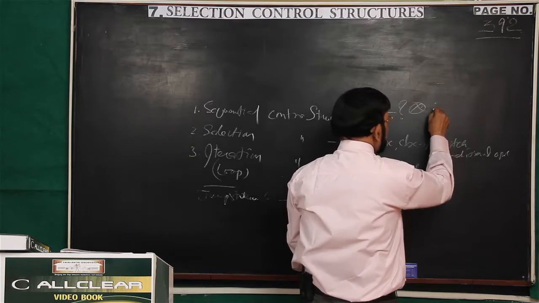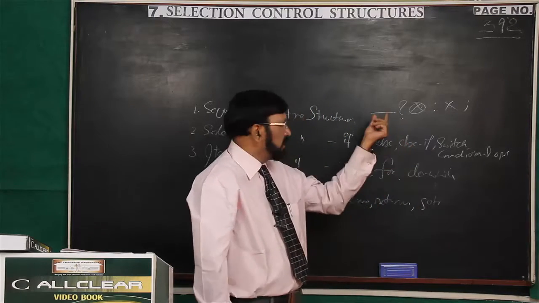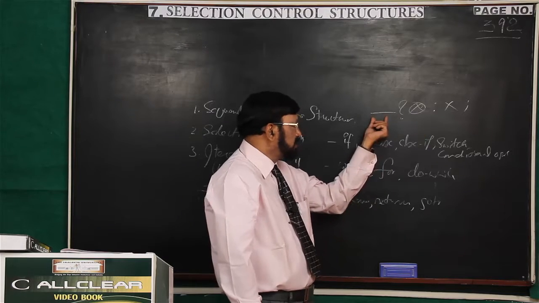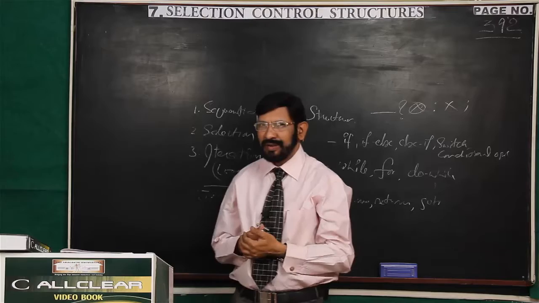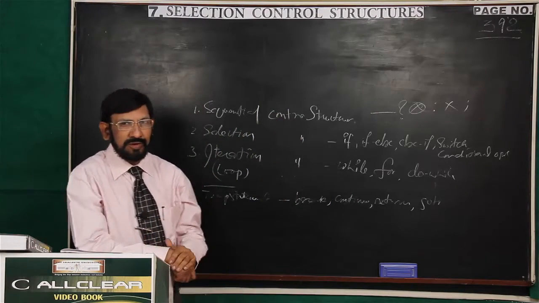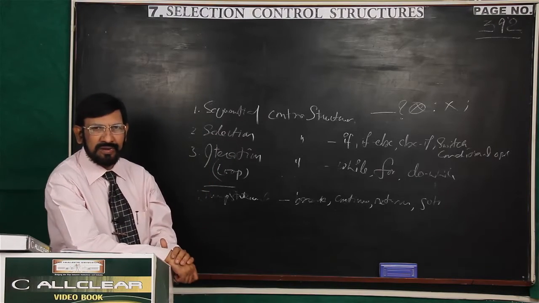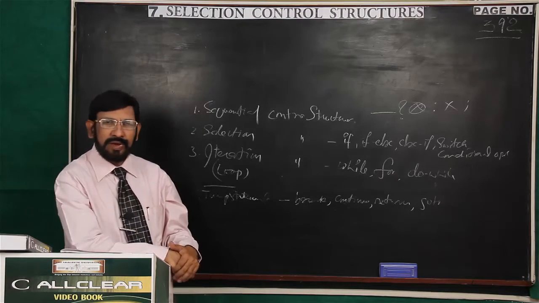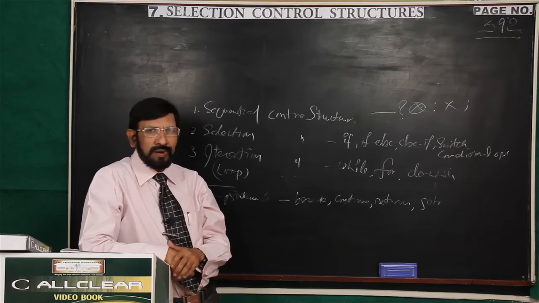If it is false, this is executed. This is nothing but a selection. In this way, the sequential approach is changed by introducing a condition in the selection statements. So, in this chapter, we study all these mechanisms thoroughly and practically.